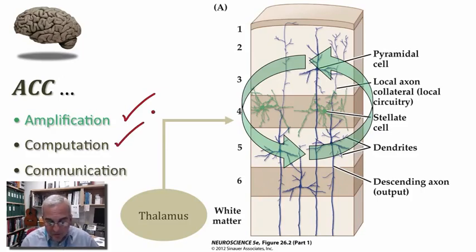There's also a computational function that reflects the operations of circuits mainly in the upper layers of the cortex. And then there is a communication function as information is conveyed from one cortical column to another, or from one cortical area to another, perhaps even across the corpus callosum or the anterior commissure, interconnecting a region of one cerebral lobe with its counterpart in the other hemisphere.